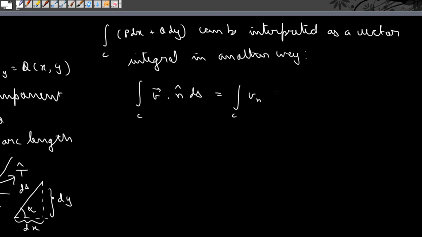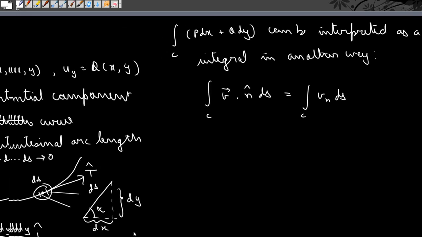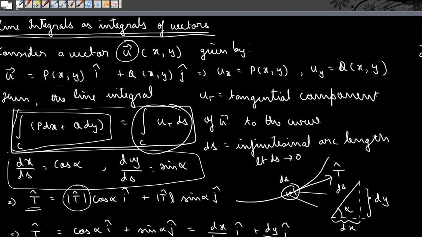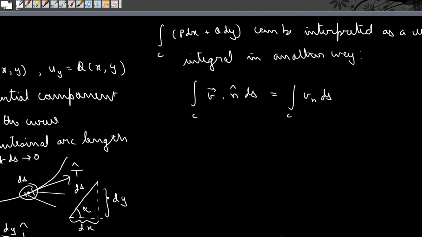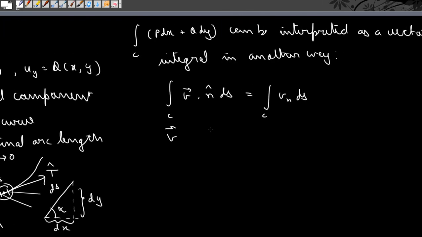which is equal to integral over c of v_n ds, where initially we had defined the vector u as p i cap plus q j cap. Here I am going to define this vector v as q i cap minus p j cap.